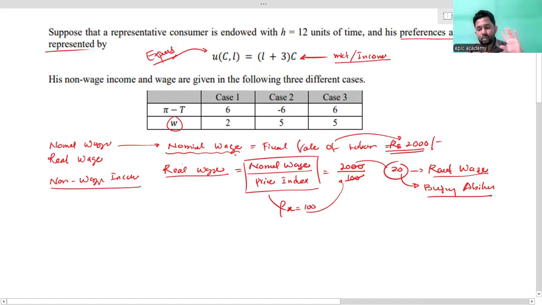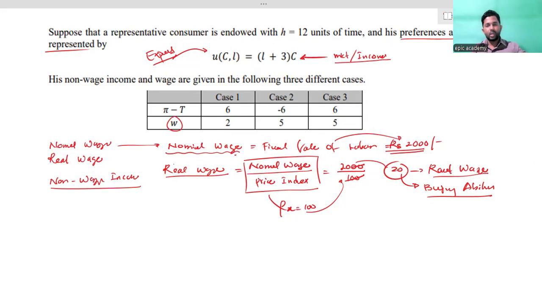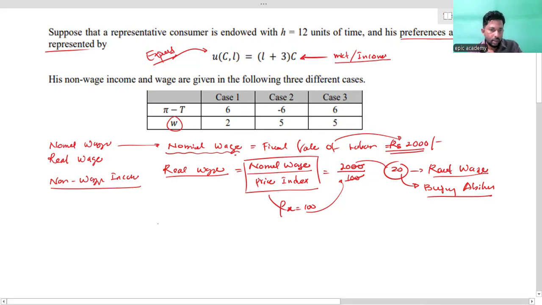If any question provides a nominal wage rate, you have to convert it into real wage by dividing by the price index or the price of the certain commodity. Okay. Right.